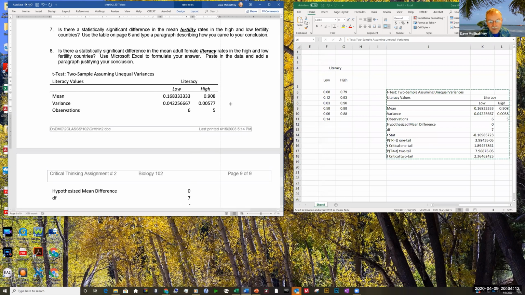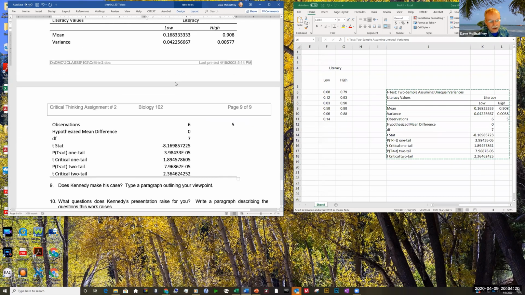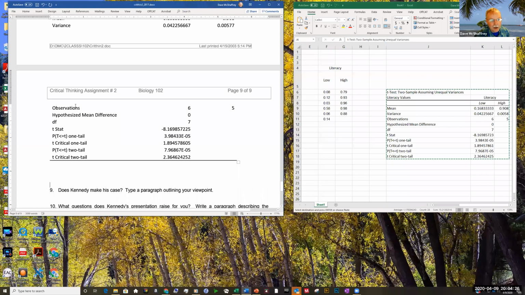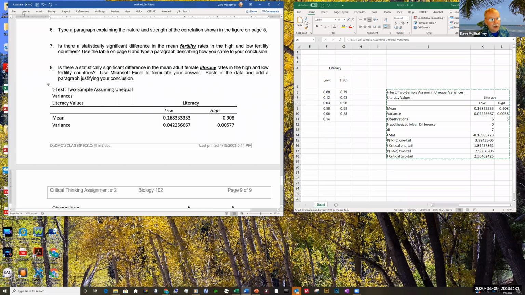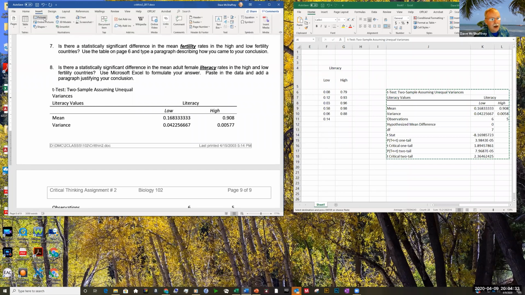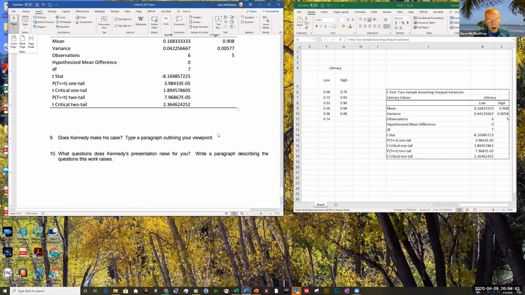You've got enough decimal points, so you can get rid of some of them. It's acting up kind of weird. There we go. So you can rearrange things a little bit. And then below this, now that you've got that pasted in, type in your paragraph. And by the way, never split a graph across 2 pages. You can easily go insert, page break, and then come down there. Okay, then 9 and 10, these are completely on your own.